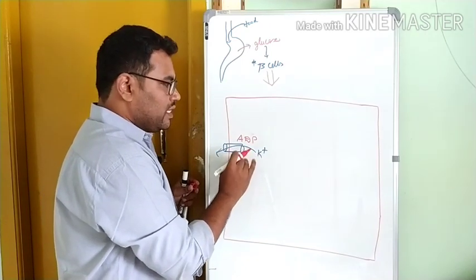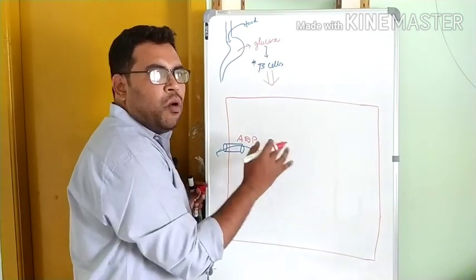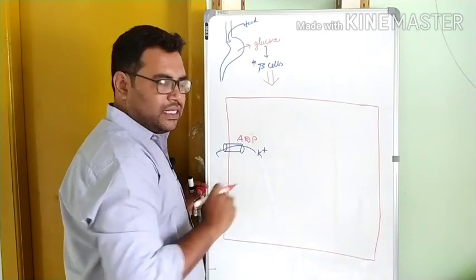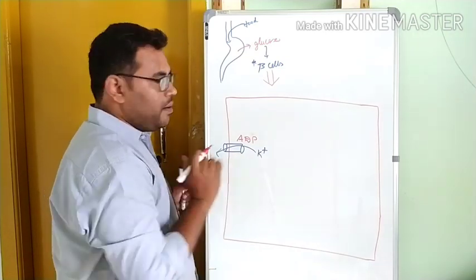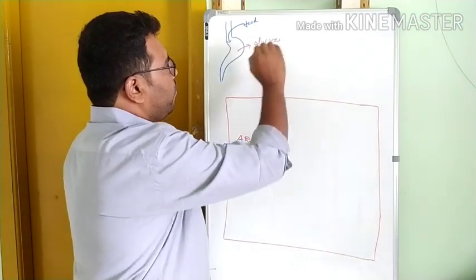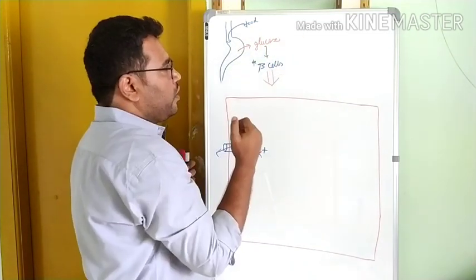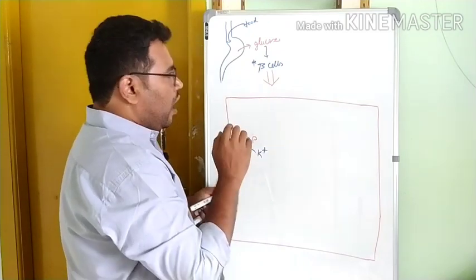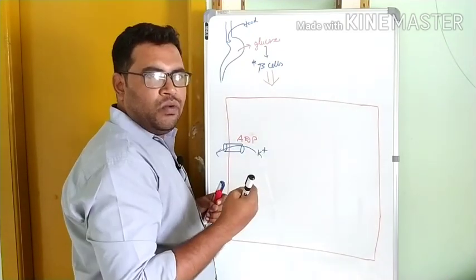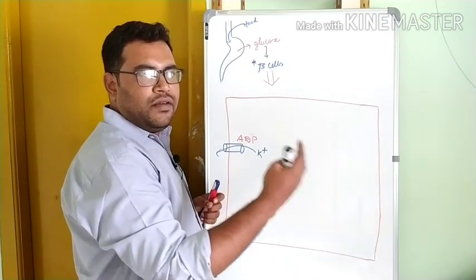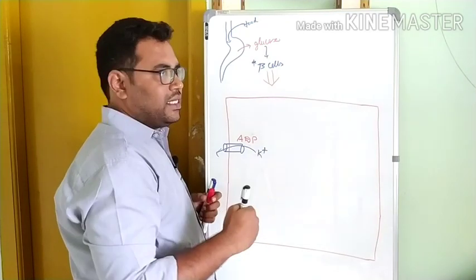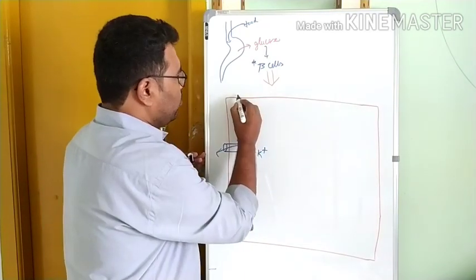Whenever this is happening, the beta cell will be more electronegative and it will be in resting stage, right? So keep this aside. Now when glucose rich blood reaches the beta cells, what is going to happen we will discuss. I already discussed there are different types of glucose transporters which move glucose into the cells. Suppose we draw a glucose transporter here.